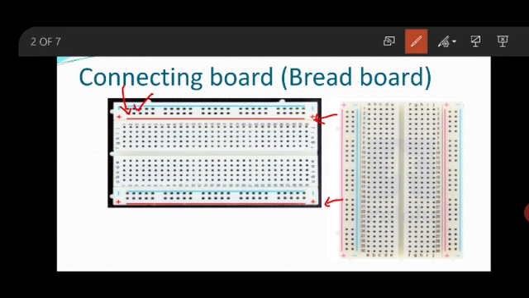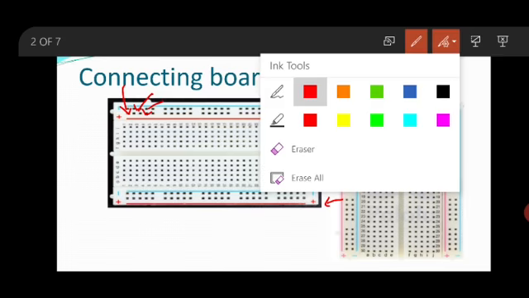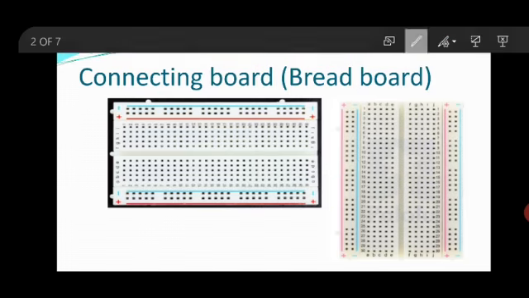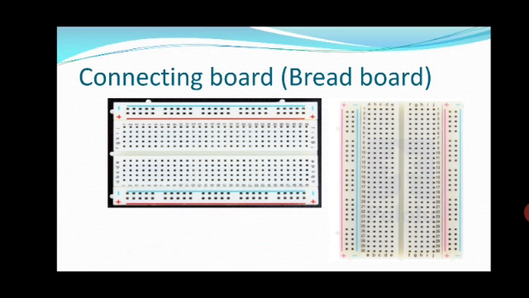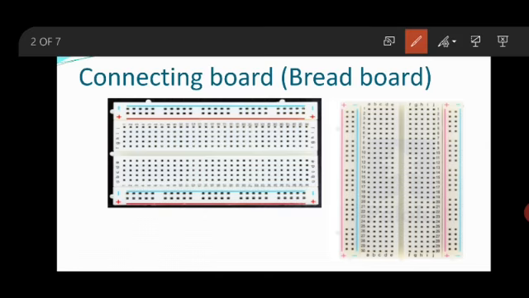Similarly, it is available at the third line, the fourth line. Likewise, you consider that this is a full line having the same connection. It means the connectivity available when you insert a component at any one point in the dotted holes below, all the line below will have the same connectivity.